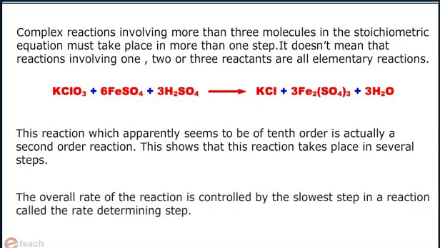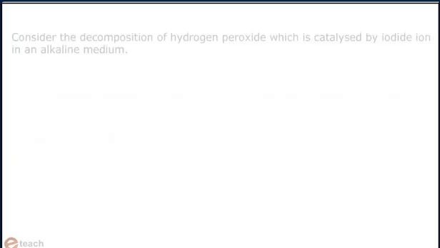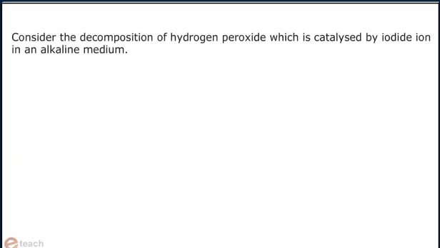The overall rate of the reaction is controlled by the slowest step in a reaction, called the rate determining step. Consider the decomposition of hydrogen peroxide, which is catalyzed by iodide ion in an alkaline medium. 2H2O2 gives 2H2O plus O2.